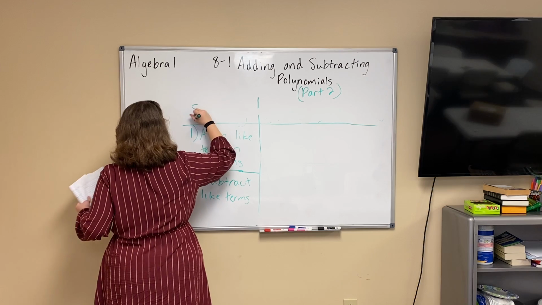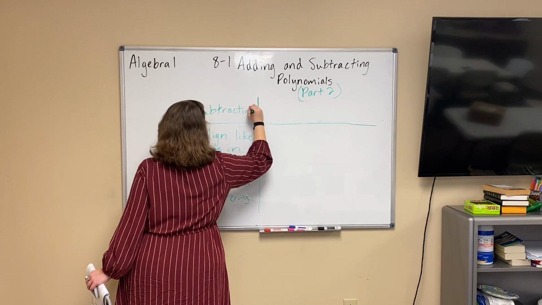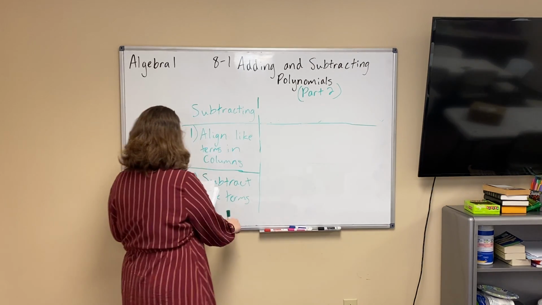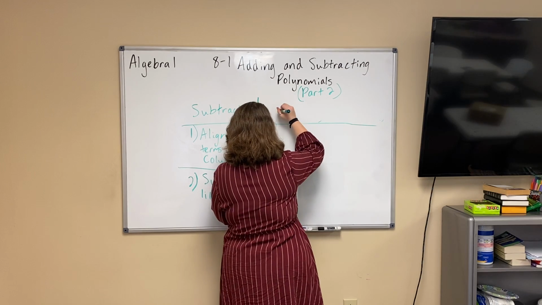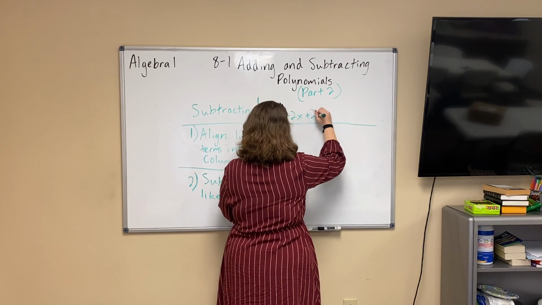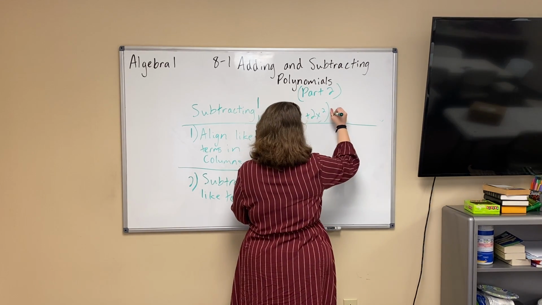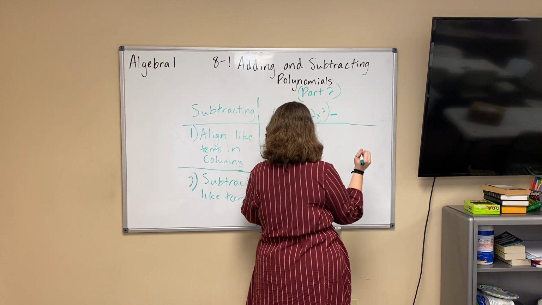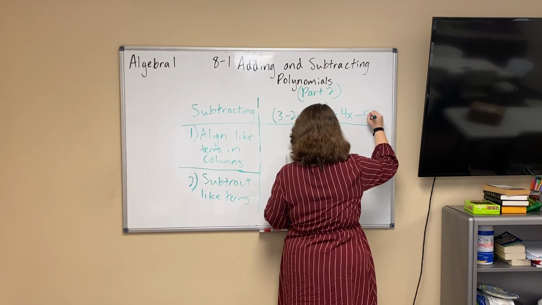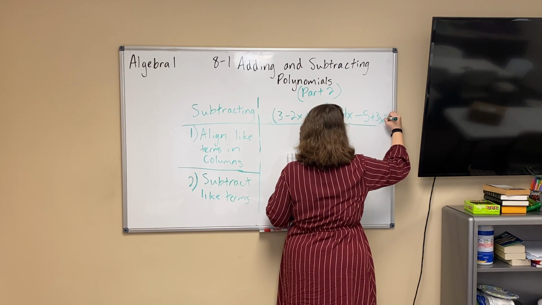When I'm subtracting, we still need to line up our terms, but this time we're subtracting instead of adding. So if I had 3 minus 2x plus 2x^2 minus 4x minus 5 plus 3x^2.